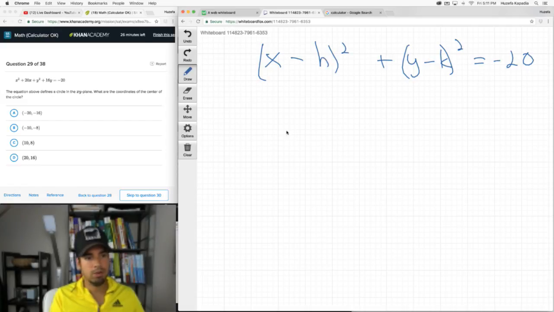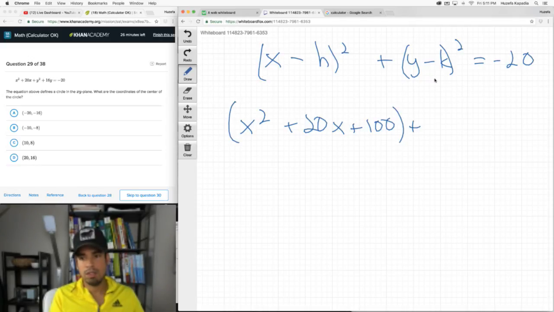We need to get perfect squares. So x squared plus 20x plus half of 20 squared, which is 100. That's one part. Then y squared plus 16y, take half of 16, which is 8, and square it, which is 64. That's the other part.